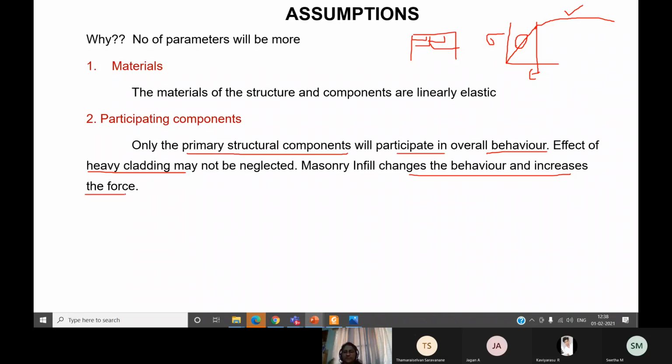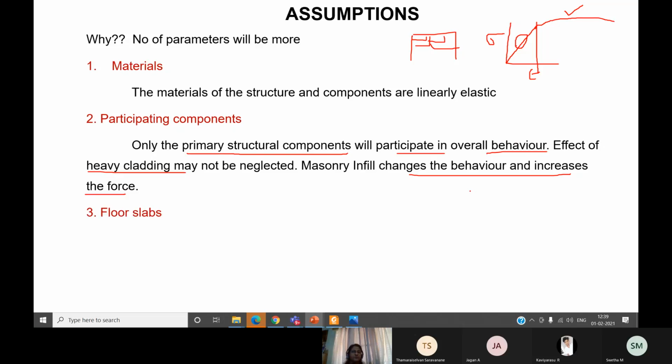So sometimes if a heavy masonry infill or any other heavy infill materials are provided, you have to take the effect of that also into consideration. Other than such exceptions, we assume that only the primary structural components will participate in the overall behavior.